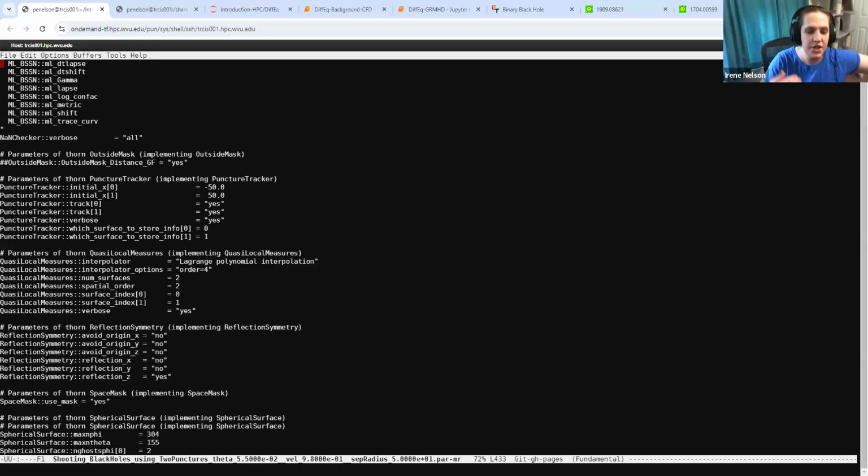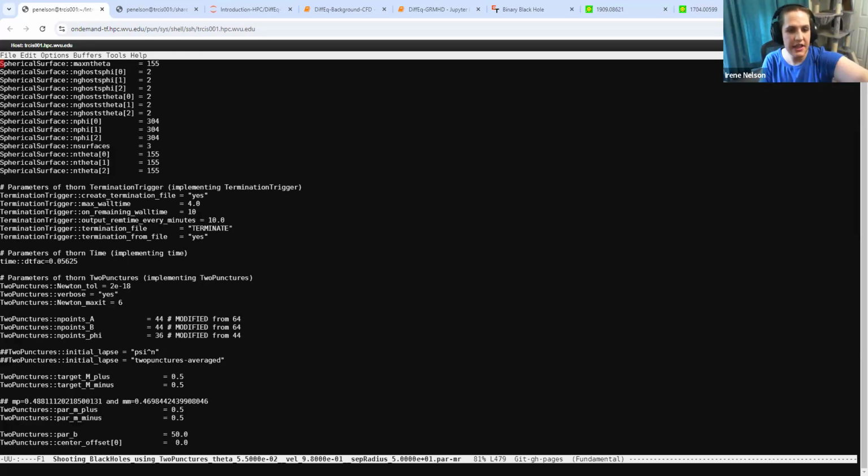Quasi-local measures is measuring invariant quantities. As I mentioned, not all of the numbers that we're going to be talking about have observable interpretations, but these local measures do. So we try to focus on them as much as possible when we can.